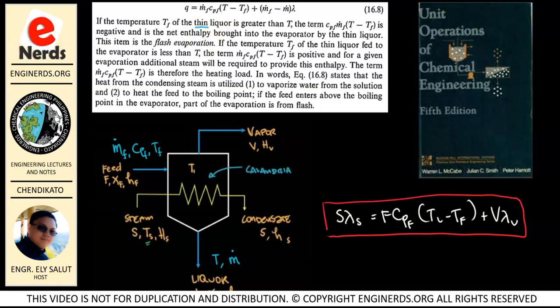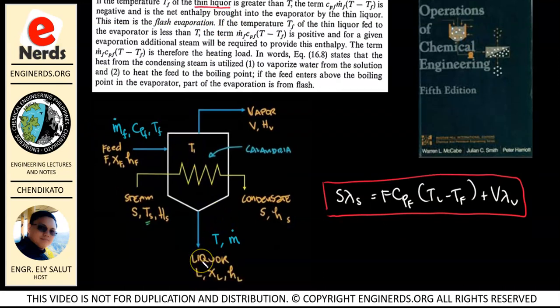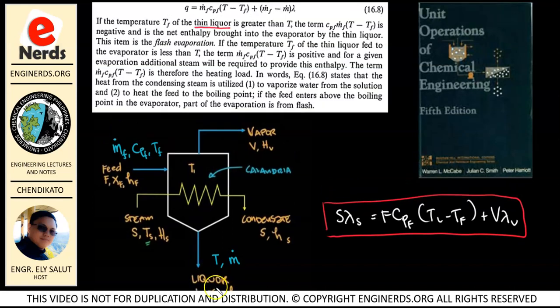Thin liquor. Okay, so underline natin ng red para madaling makita. Okay, so this is thin liquor because this is understood to be dilute. And ito namang liquor natin dito is thick liquor because this is more concentrated kumpara dito sa ating feed. So, TF is the temperature in the thin liquor, which is our feed.